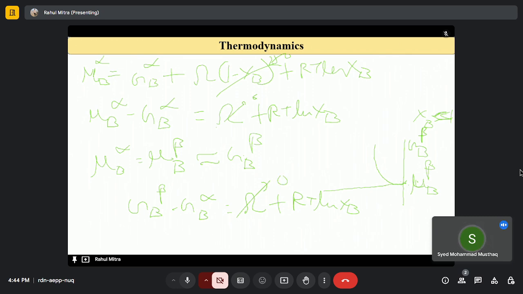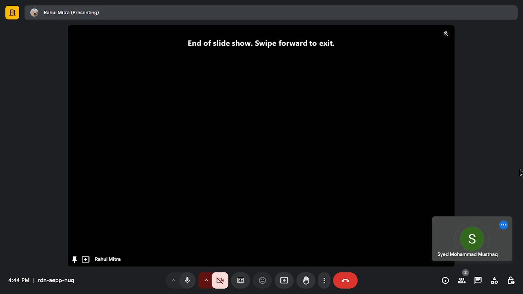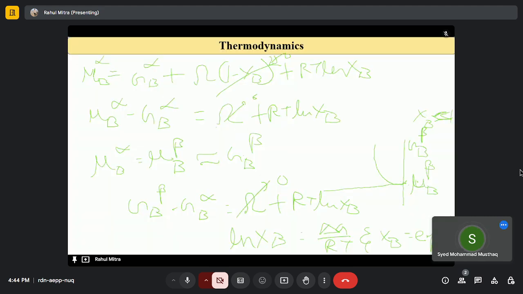Yeah, it should go to 0, and it will become log xB equals minus delta G by RT, and xB equals exponential. Let me add a few slides.